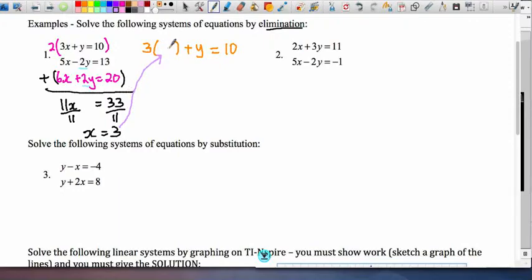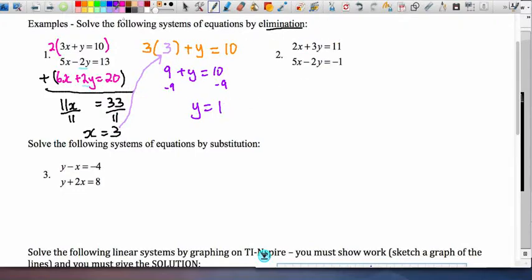In the place of x, I'm going to substitute in the value of 3 because that's what we found x to be. And now I'm going to multiply by 3 and isolate the y. So I have 9 plus y equals 10. Subtract 9 from both sides, and we get y equal to 1. And the solution to our system of equations: x equals 3, y equals 1.